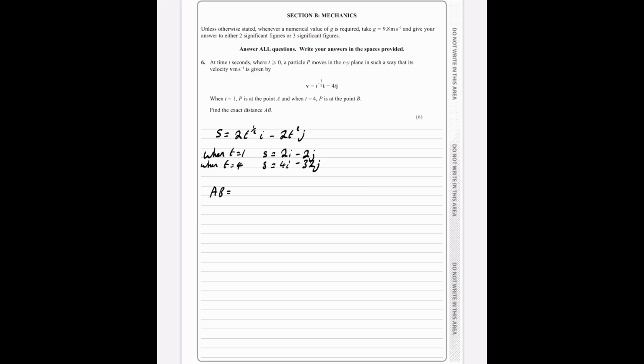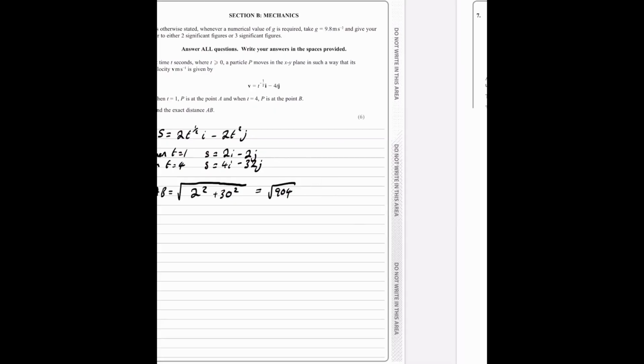The difference between the i's is, well, 2i to 4i is 2. The difference between the j's from negative 2 to negative 32 is 30. So the distance will be the square root of 2 squared plus 30 squared, which is the square root of 904. It does want the exact distance, so I'm going to leave my answer as root 904.